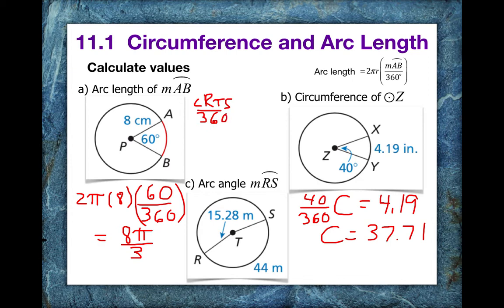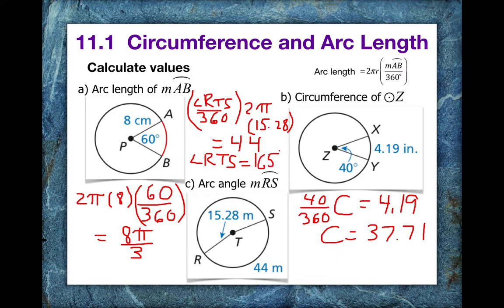And we multiply that times the circumference, which is 2 pi r. So 2 pi, and the r is 15.28. And that is going to equal 44 meters. So when we solve this for the angle RTS, the angle RTS is going to equal 165 degrees.